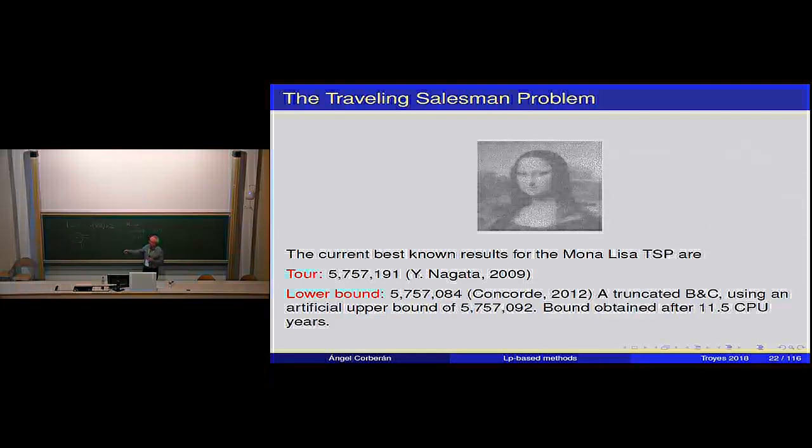They used a truncated branch and cut using an artificial upper bound, not the real one, of this value, and they could obtain this value for the lower bound. This bound was obtained using a net of many computers, and it is equivalent to using a machine for more than 11 years of computing time.